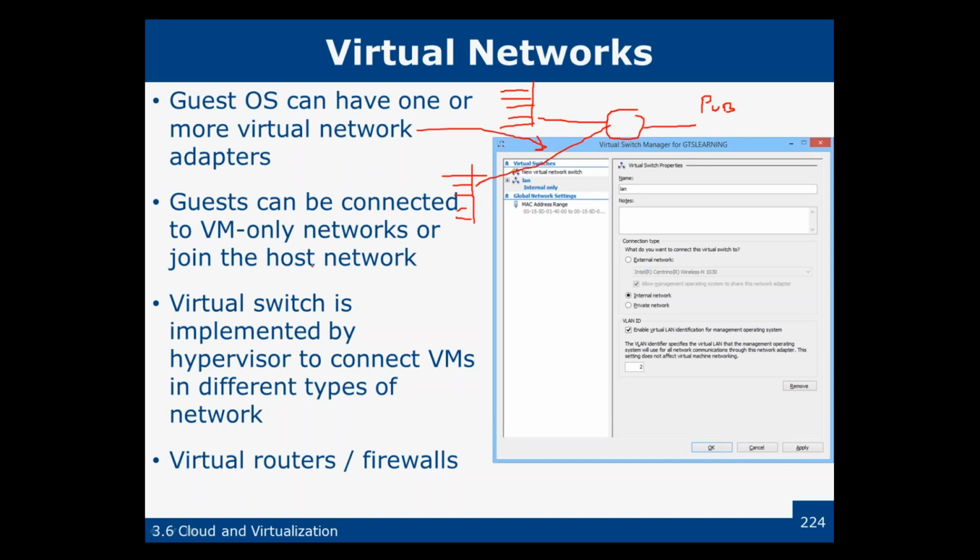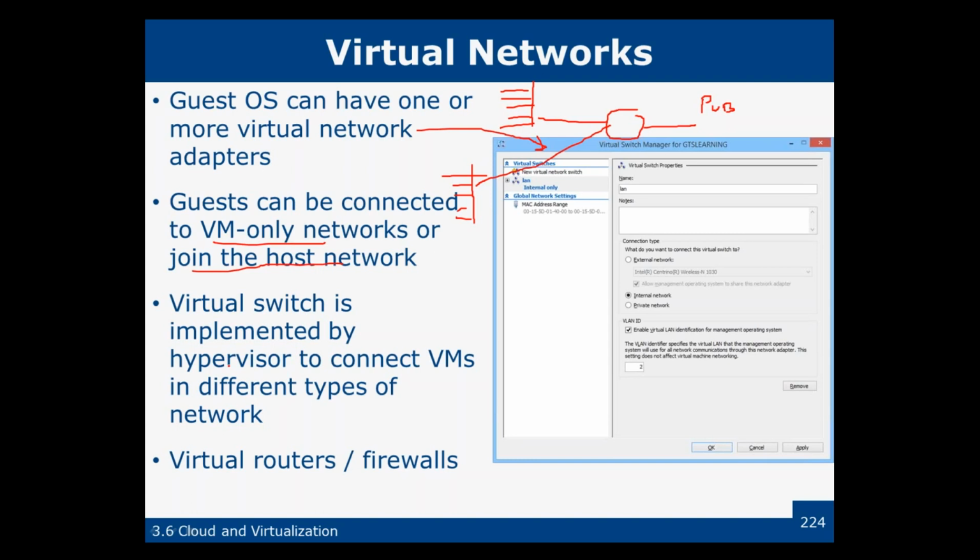So the guest can be connected to the VM-only network or join the host network, depending on how you configure it.